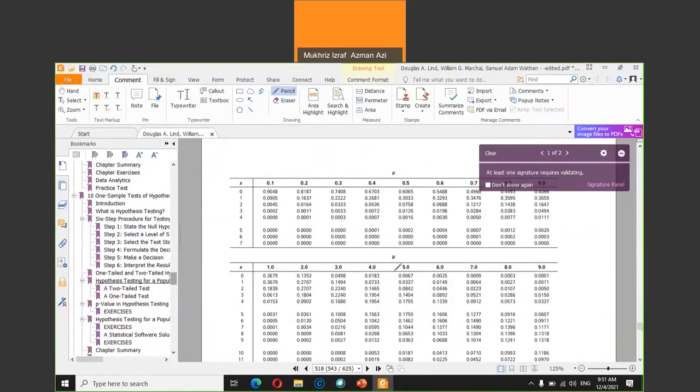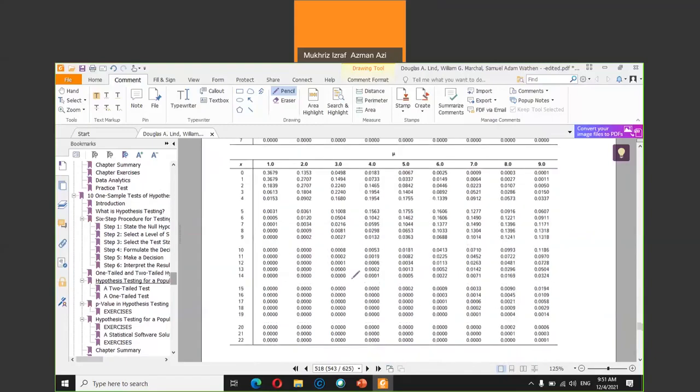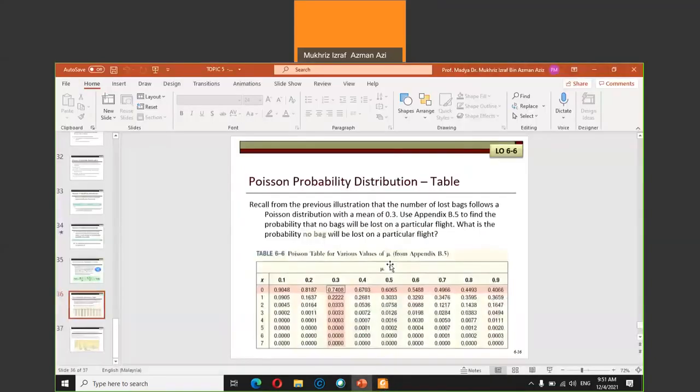So if your mean is 0.1, 0.2, or until 9, you can refer to the P(x equals 0), P(x equals 1), and the rest goes. How you read it is similar to how you read the table in binomial before.